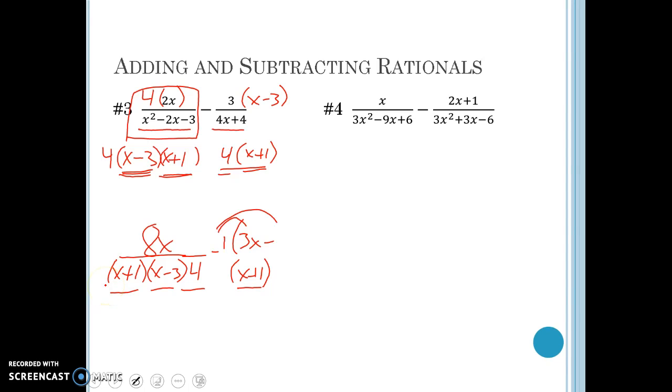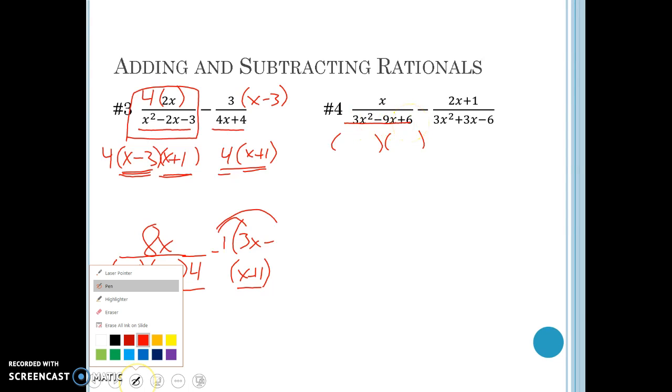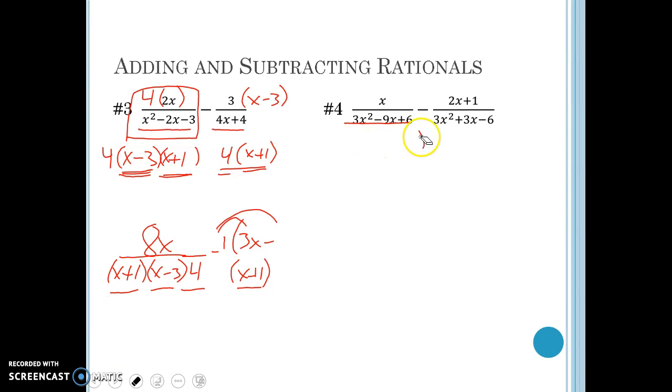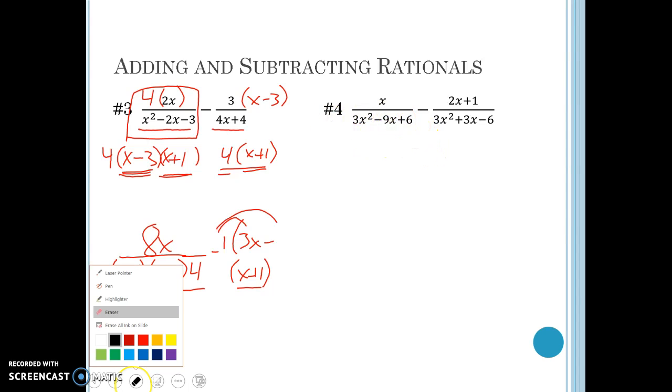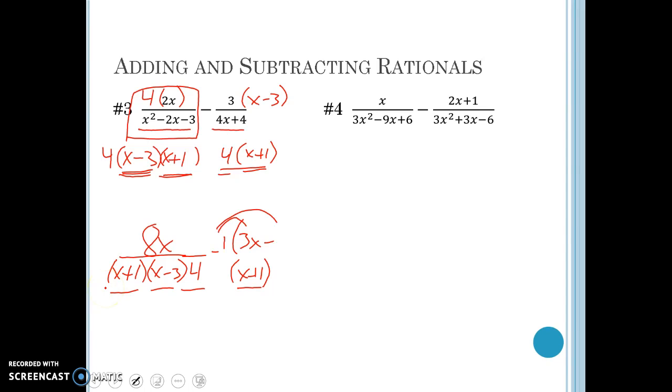I'm going to start with trying to figure out what the common denominator is going to be. So I'm going to factor this first. Looks like maybe before I do that, maybe I should factor a 3 out. And so I'm going to go ahead and factor a 3 out of here first. That's going to give me x squared minus 3x plus 2.